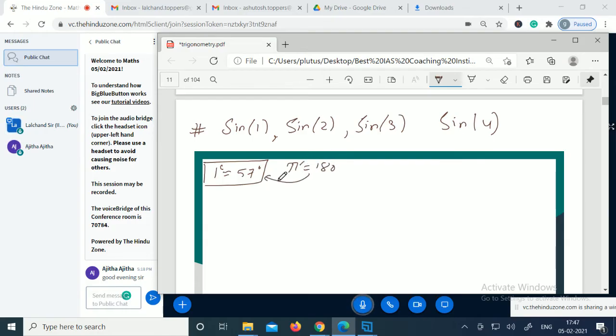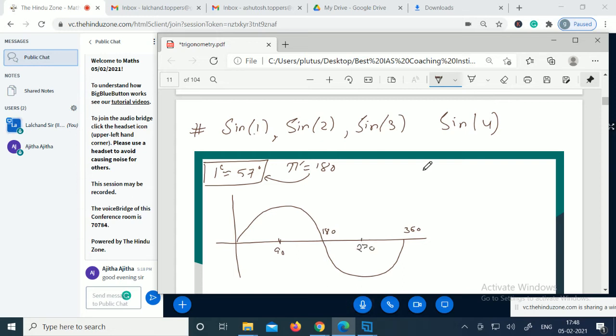Okay. So if I convert these values approximately into degrees, let's draw a plot of sine. This is pi, or we can say 180, and this is 360, and this is 90 and this is 270 degree. So 1 radian is approximately 57 degree.